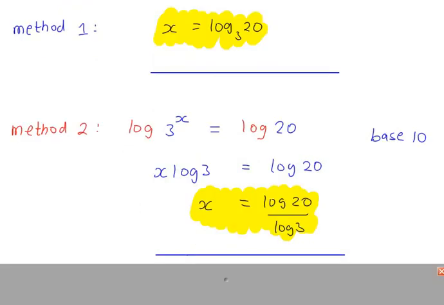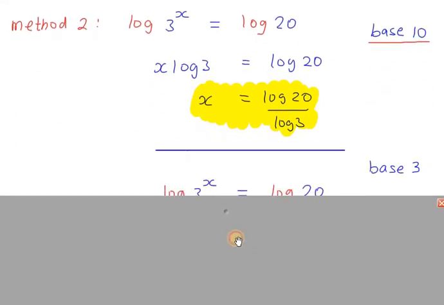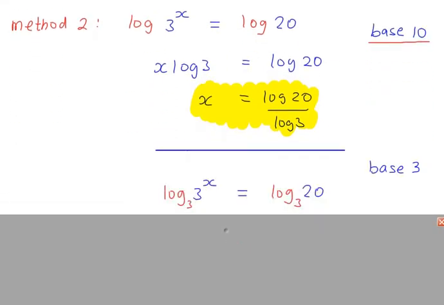Now when we took logs at this stage, I chose base 10, and you can choose any base that you like. Now it was 3 to the power of x, so the base there was 3, so 3 would be a wise choice as well when taking logs. So here's another attempt using the same method.